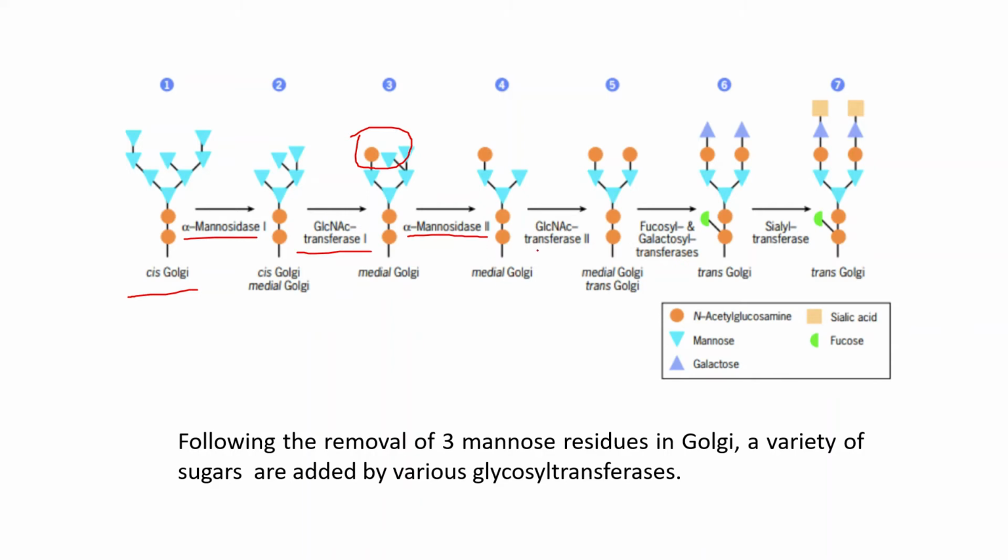Again, N-acetyl glucosamine transferase 2 is acting and adding another N-acetyl glucosamine to the oligosaccharide. Then there are certain other glycosyl transferases like the fucosyl transferase or the galactosyl transferase which add fucose and galactose respectively. There may be sialyl transferase which may be responsible for the addition of sialic acid residues. So this is how the completion of the N-linked glycosylation takes place and we get the final N-linked glycosylated protein.